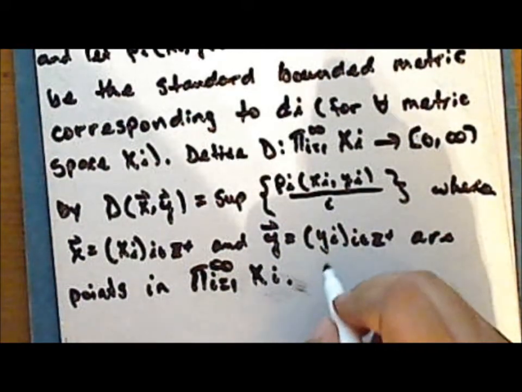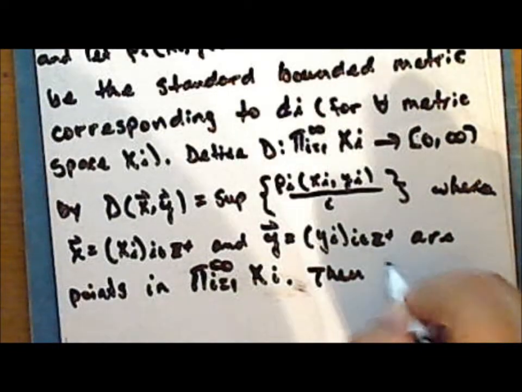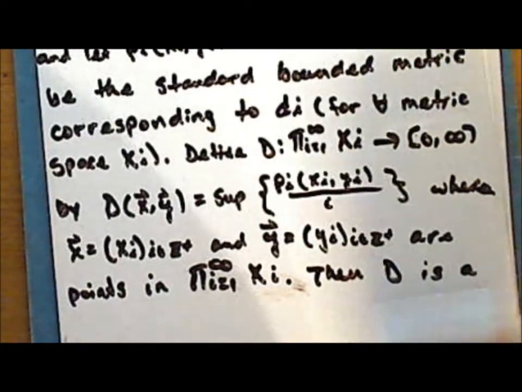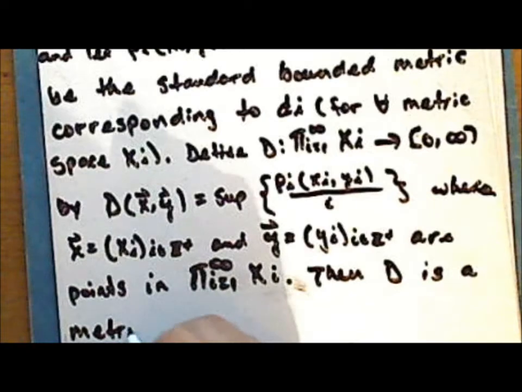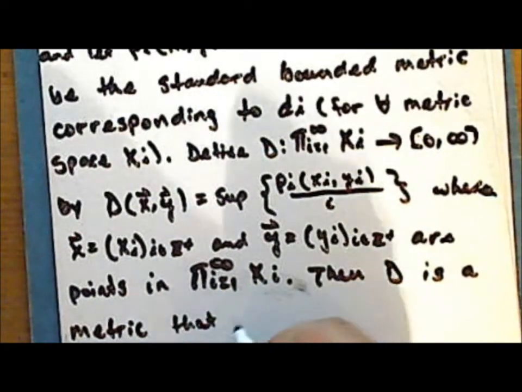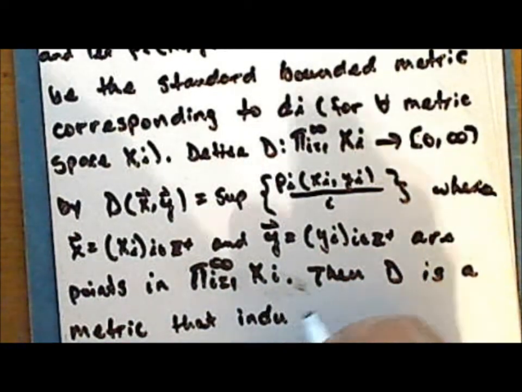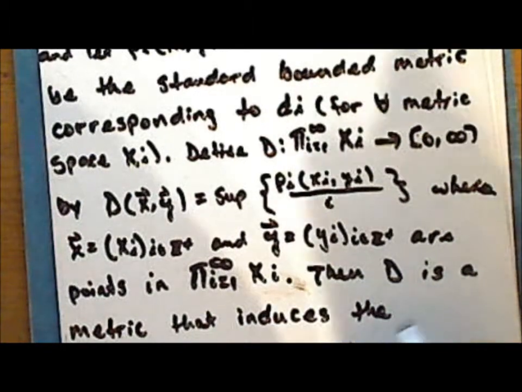And with this function, this capital D is a metric that induces the product topology.